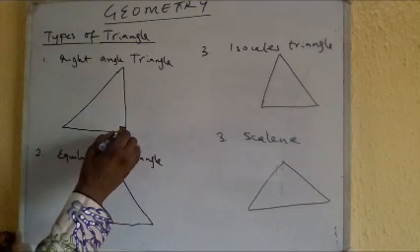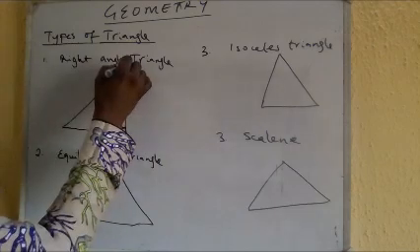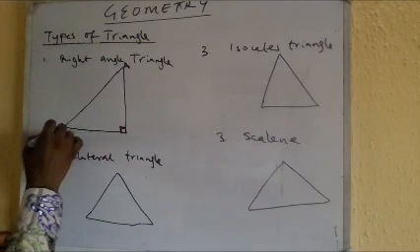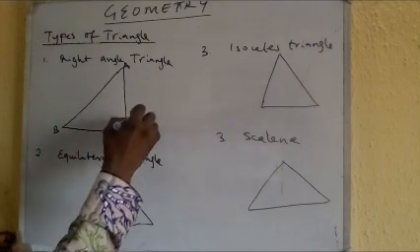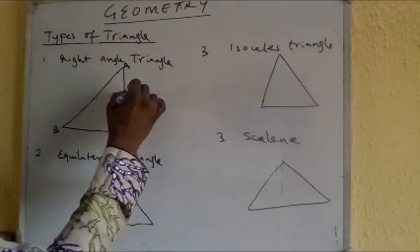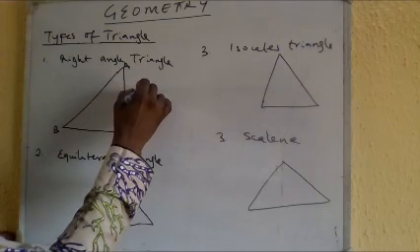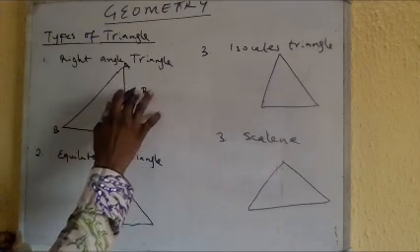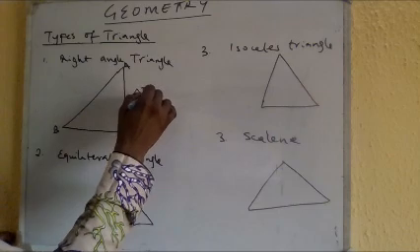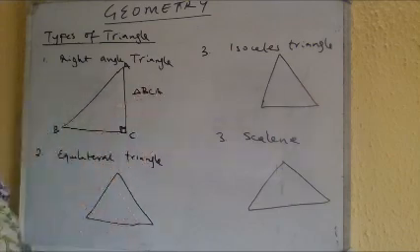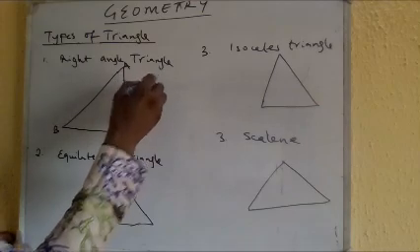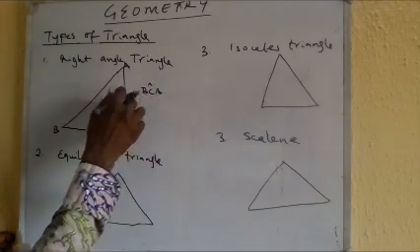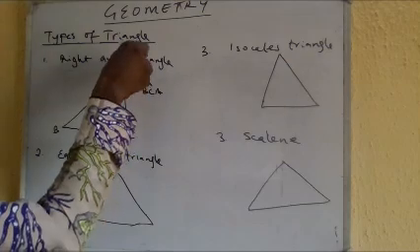So if I have triangle ABC, that is the angle BCA. That's how you write it, angle BCA. The angle at C is equal to 90 degrees.